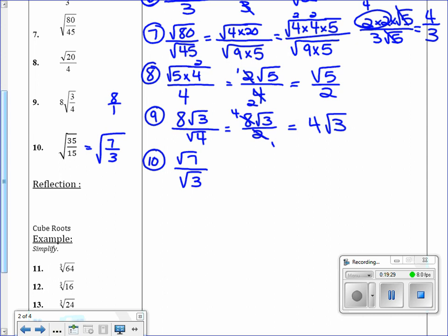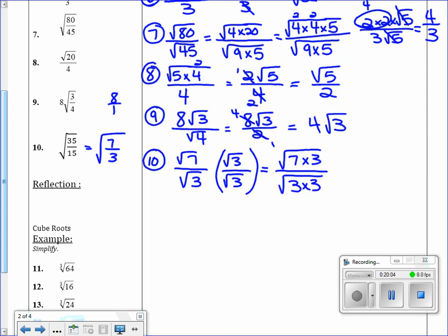So what I can do is multiply this entire fraction by the square root of 3 over the square root of 3. So I'm multiplying the numerator and the denominator by what's represented in my denominator. And the reason why I'm doing this is I'm going to work this a little bit backwards so we can see. I end up with the square root of 7 times 3 all over the square root of 3 times 3.